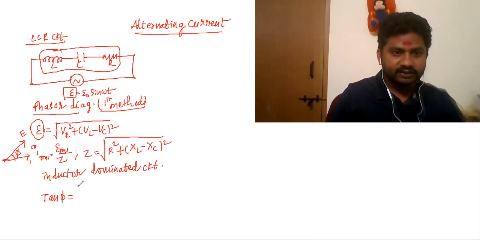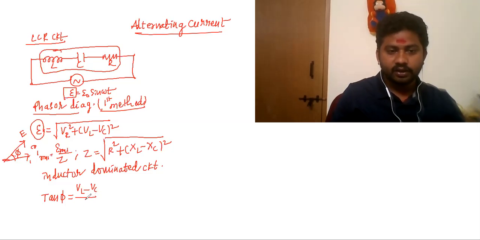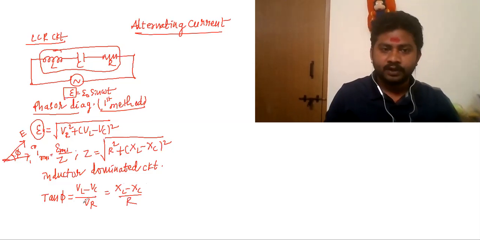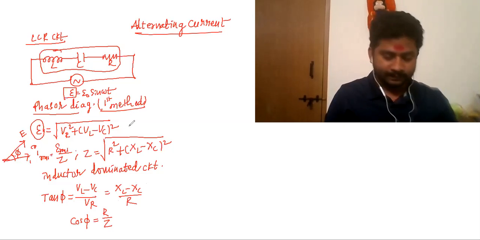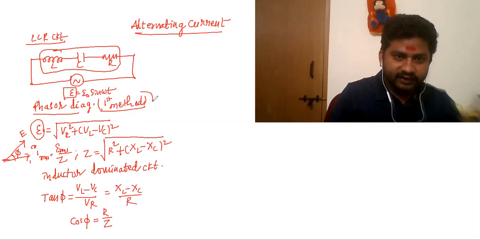Since it is an inductor dominated circuit, tan phi is equal to VL minus VC divided by VR, which can also be written as XL minus XC divided by R. Cos phi, which is the power factor, is adjacent side by hypotenuse from the impedance triangle. This is the first method.